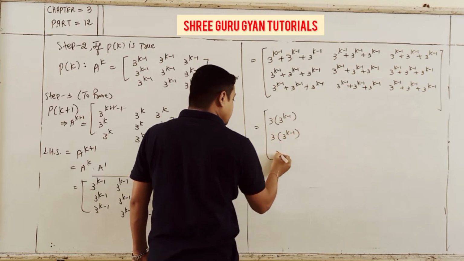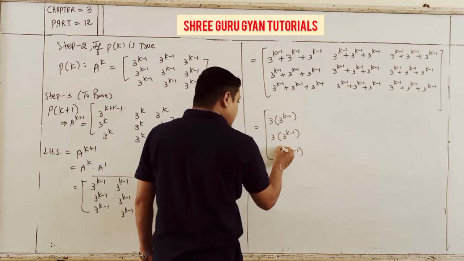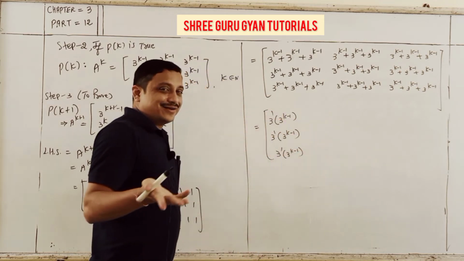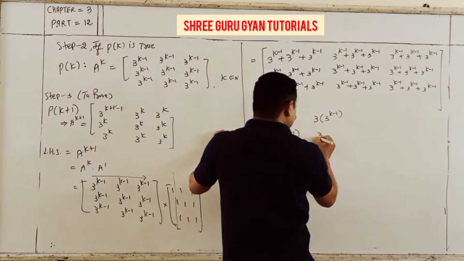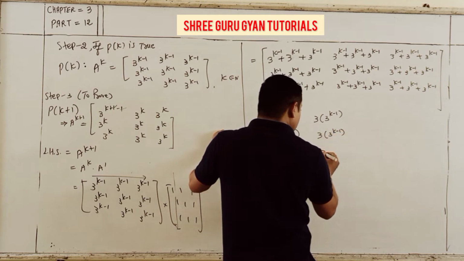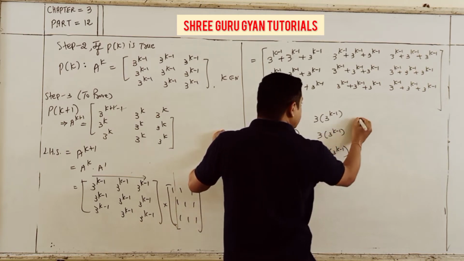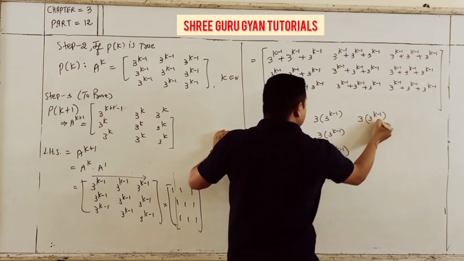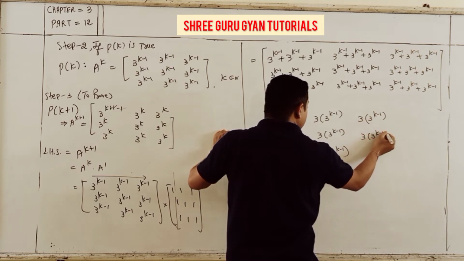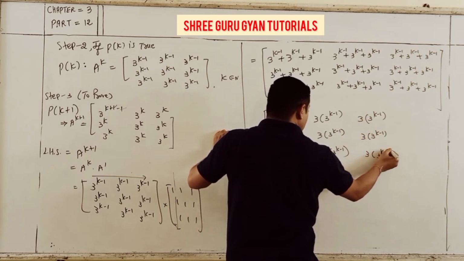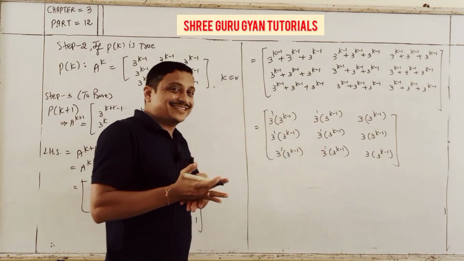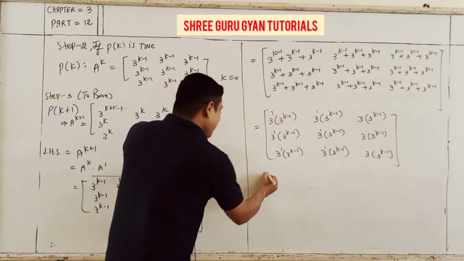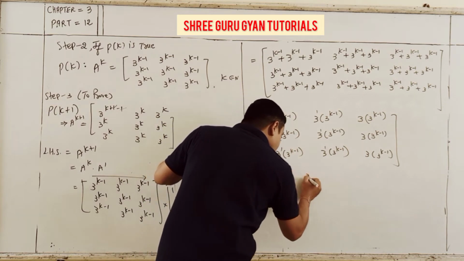And here base same, powers added, same as 3 times 3 raised to k minus 1, same as 3 raised to 3 times k minus 1. Your base is the same, you can apply power addition. Definitely it is 3 raised to k. Each has 3 raised to k.